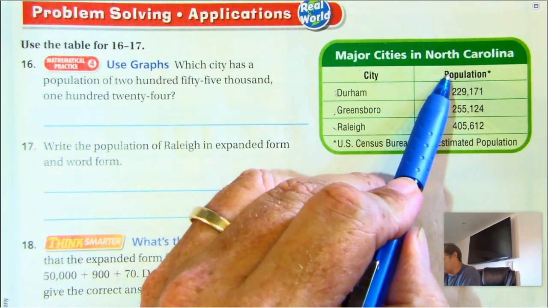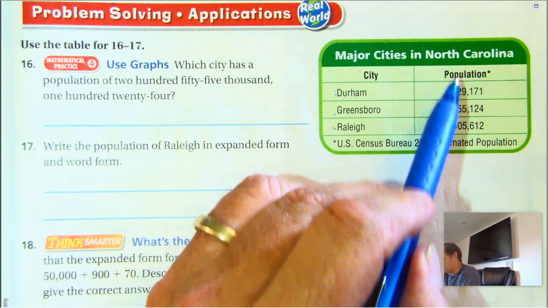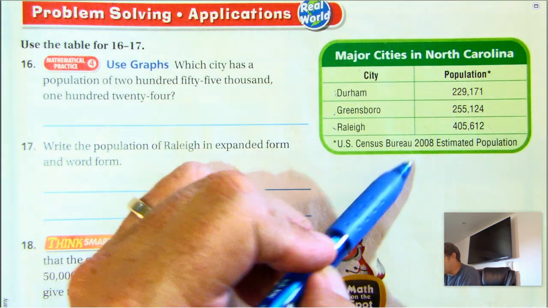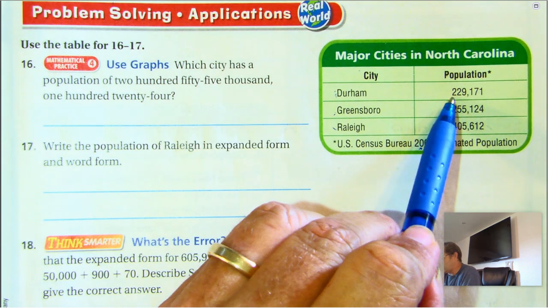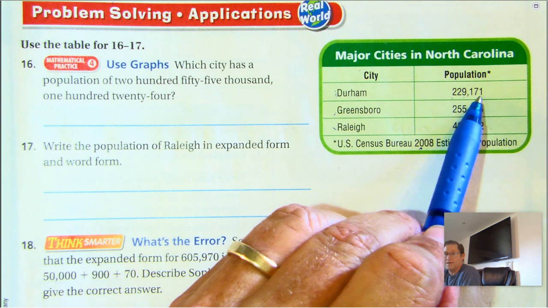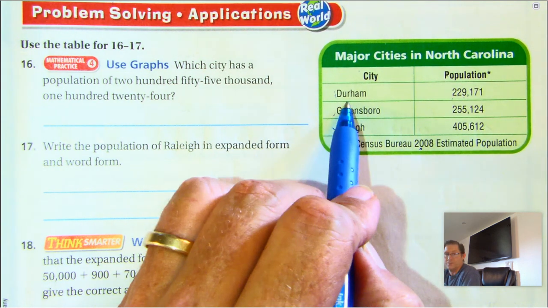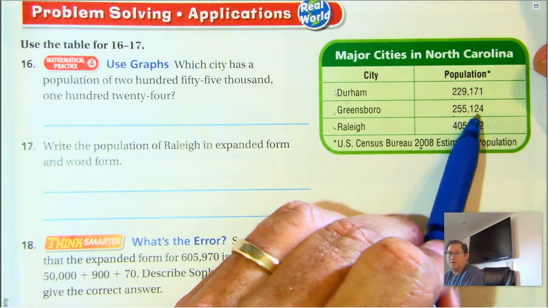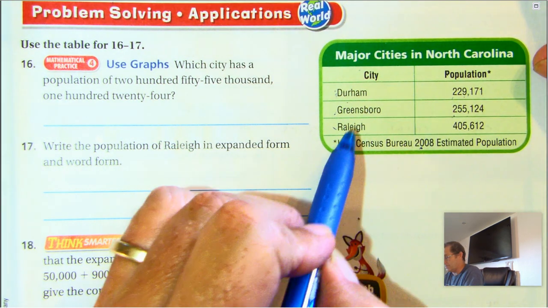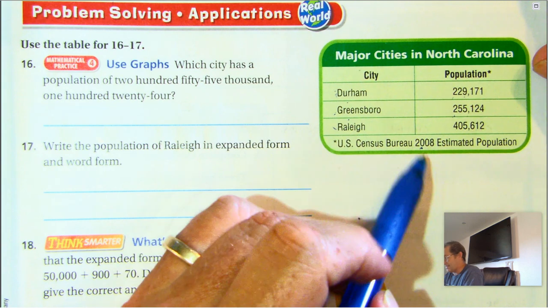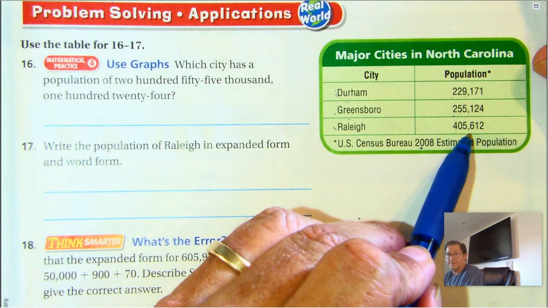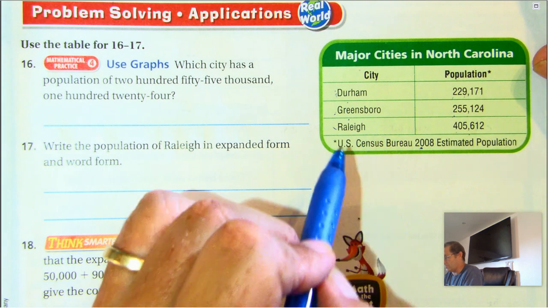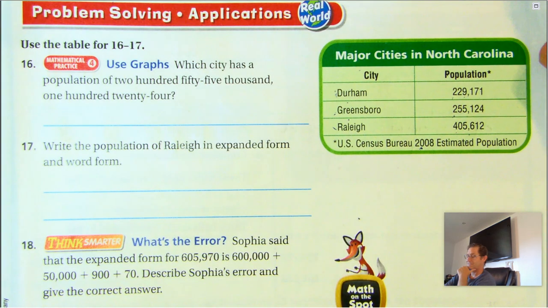And then the last column, it says population. So the population in 2008 was 229,171 people in Durham. There were 255,124 people in Greensboro, and there were 405,612 people in Raleigh.